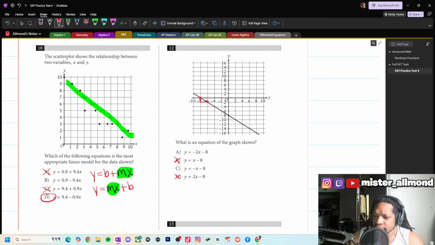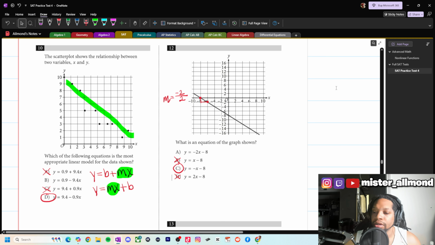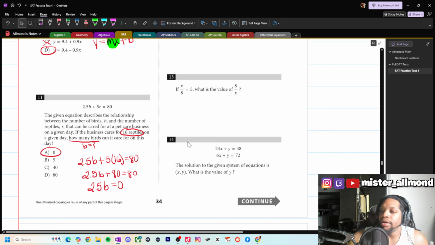From one point to the next, I'm going down 2 and over to the right 2. So my slope is -2 rise over +2 run, so -1 is my slope. C is the answer choice with -1 as the coefficient of x. Okay, not that bad.